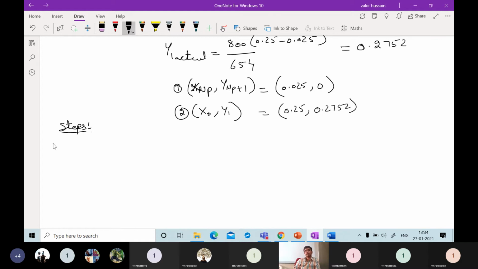The steps: first, draw the equilibrium curve.